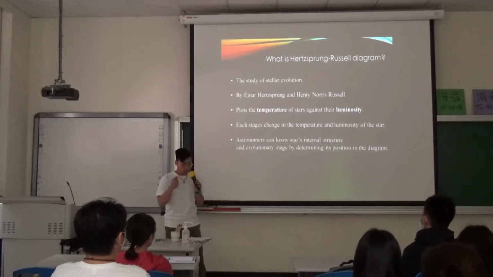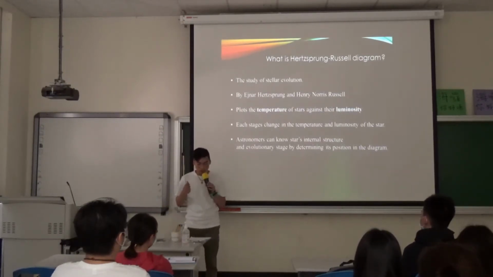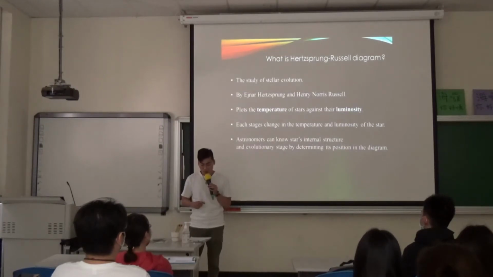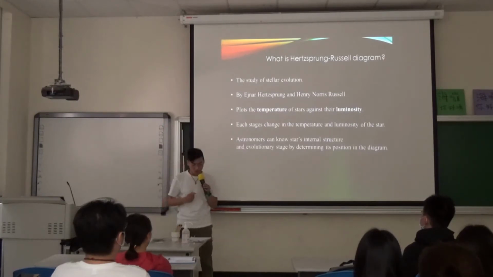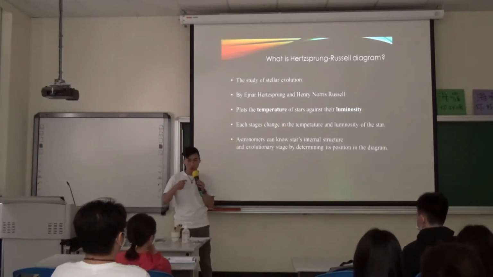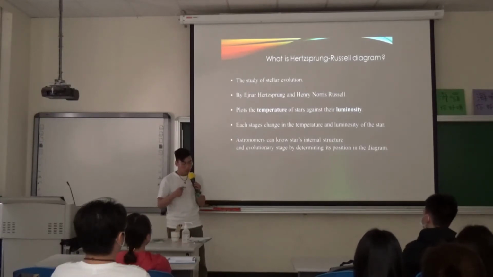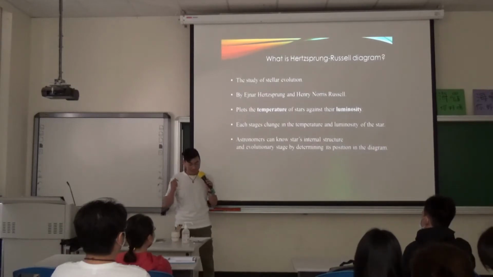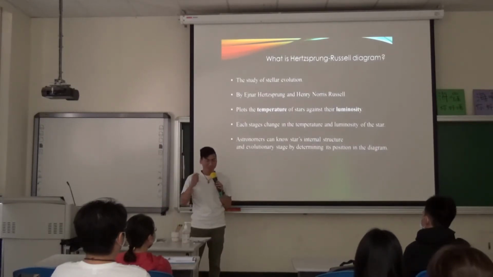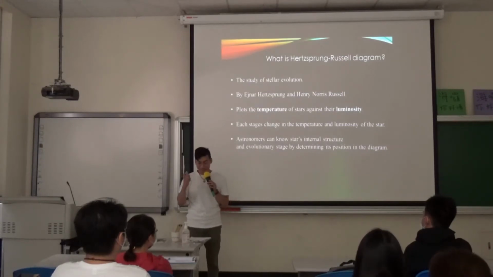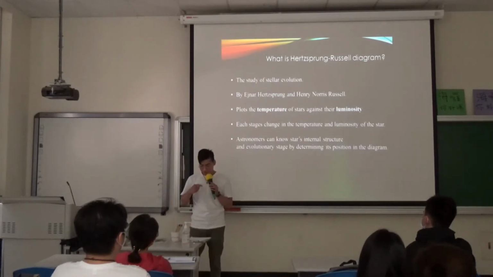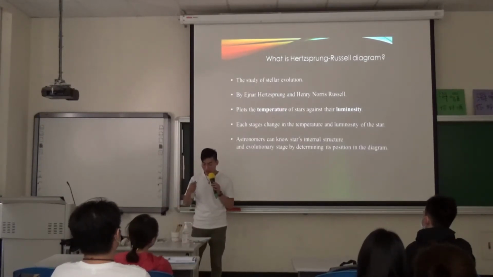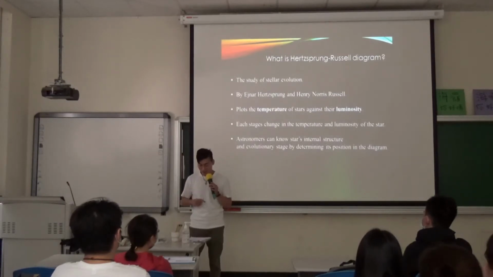So by detecting the colors, we can know its temperature, and by observing the luminosity of the star, we can know the distance of the stars. Also we know the absolute luminosity. So we can combine all the information, and we can know the location of the star. And furthermore, we can detect the radius and know its size.